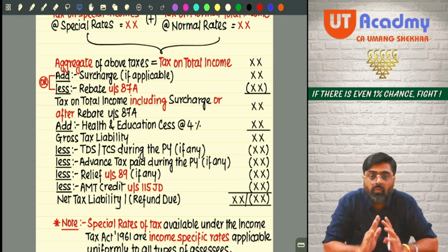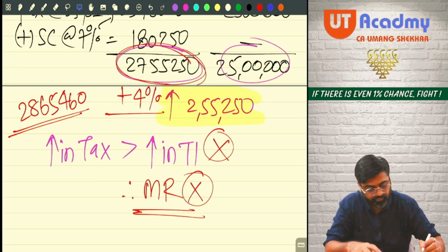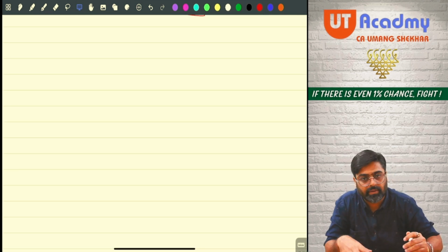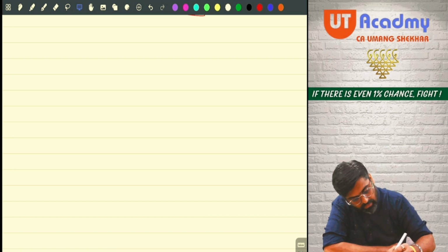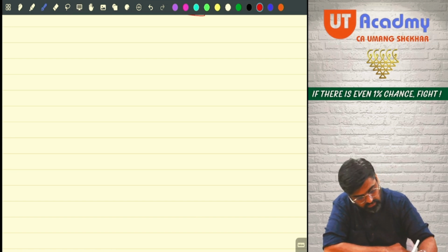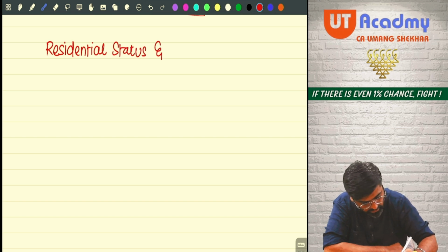Now we are going to start a new chapter, altogether a new chapter. The name of your new chapter is Residential Status and Scope of Total Income. But it is written like this: Residential Status and Incidence of Tax.